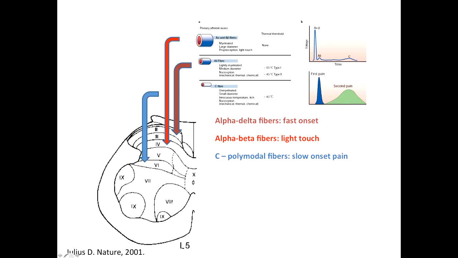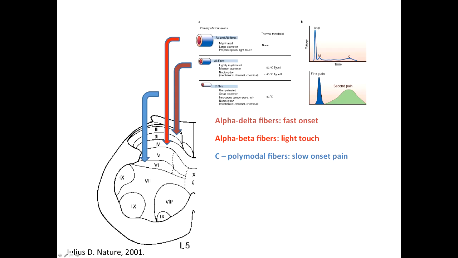And then you have the C polymodal fibers that conduct second pain, or that second order throbbing kind of late onset pain, okay? And the other reason that this is important is that these fibers synapse in different regions or locations within the spinal cord. So what you're looking at right here is a cross-section of the spinal cord, namely the dorsal horn.